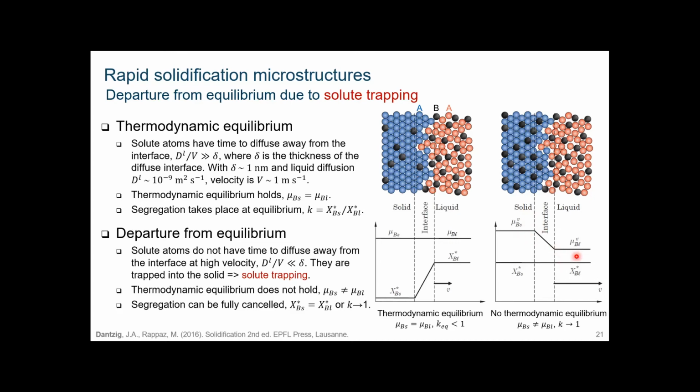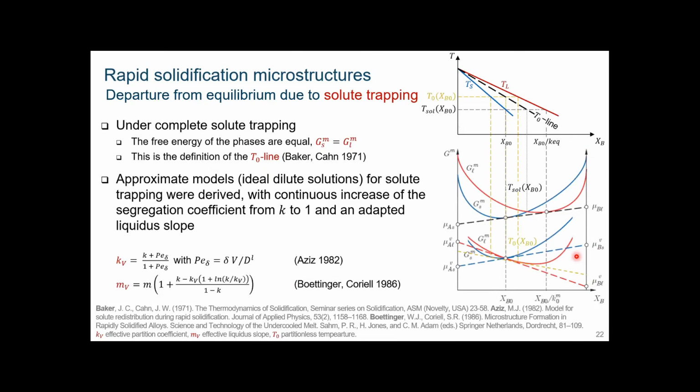Okay, so the extreme situation actually corresponds to the situation where, instead of using the common tangent line construction for the Gibbs free energy of solid and liquid curves, you actually take the equal value of the free energy of solid and liquid. And here you have solid and liquid compositions that are equal, and this gives you what we name the T0 line. This T0 line is information that is part of the phase diagram.